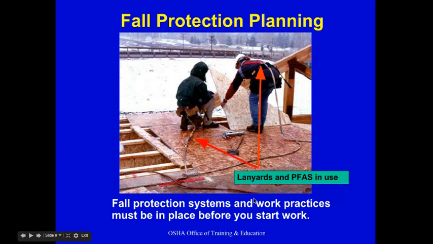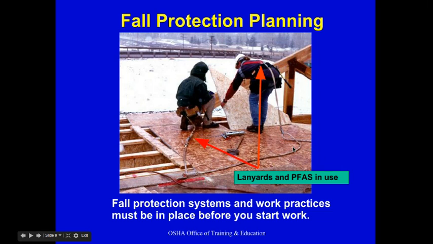So here are some workers using a personal fall arrest system, a full body harness. You'll see that they are laying a subfloor for a second floor of a house, and they're up probably about 10, 12 feet in the air. They're wearing their harnesses, and you see that there is a lanyard, or it's kind of like a lead rope, or a safety line, and it is attached to an anchor.